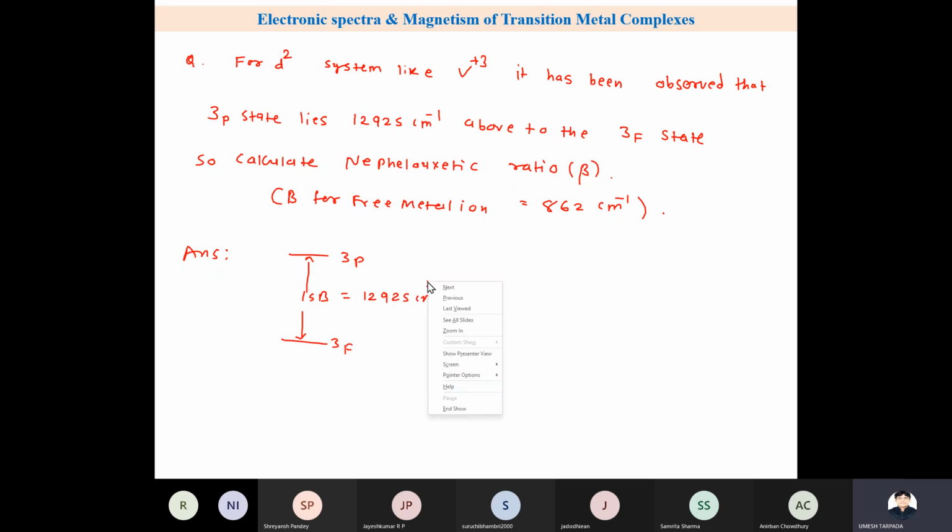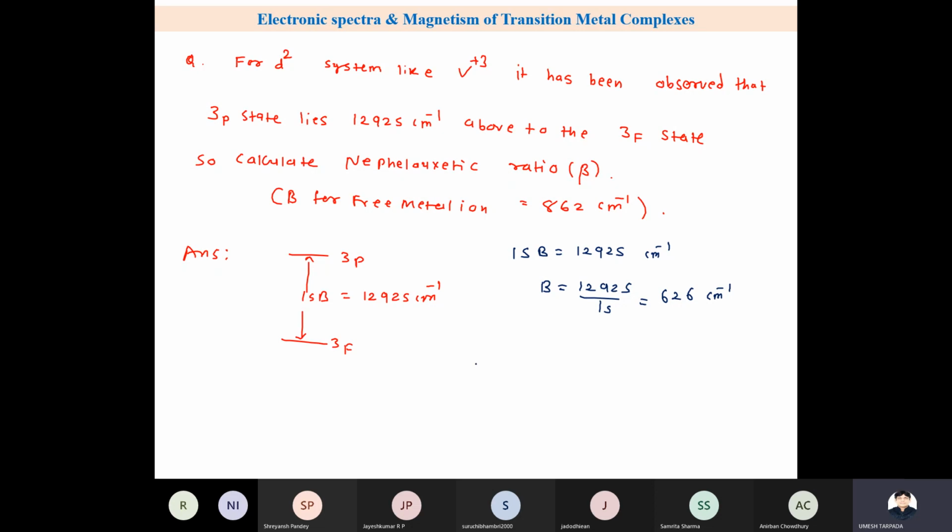So what can you do? You can first calculate B from this one, B for the complex. Okay, so you are getting 6 to 6 centimeter inverse.